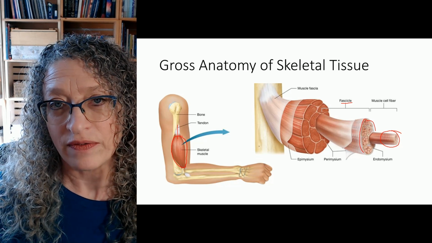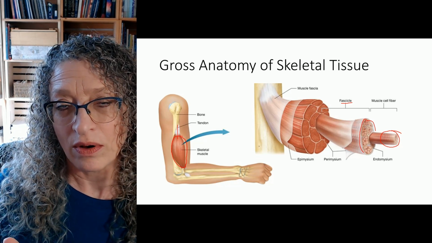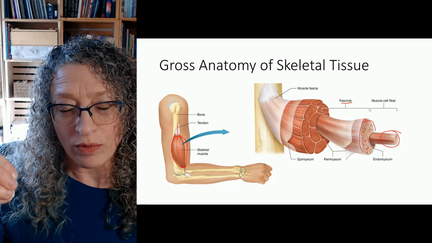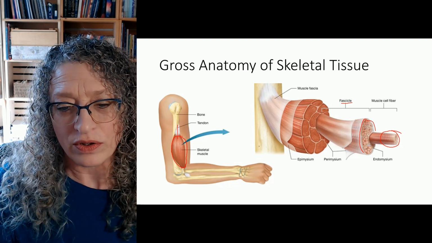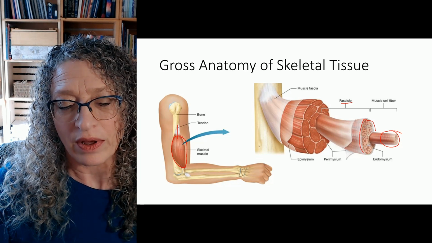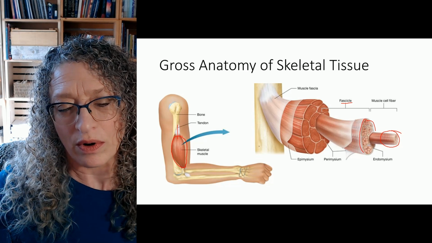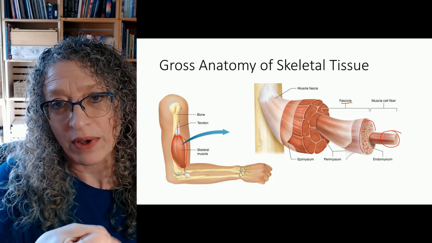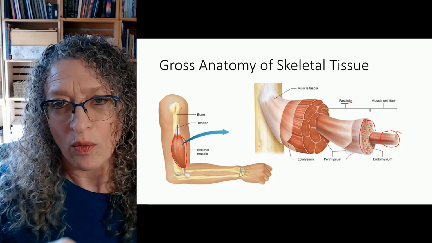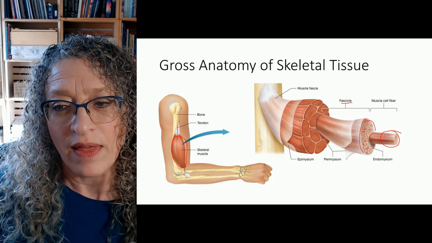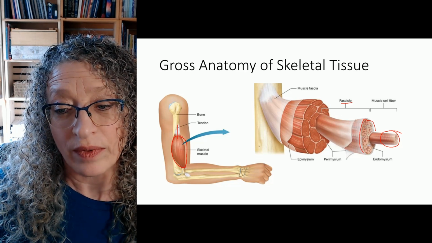So a muscle cell fiber is an individual muscle cell. There are several, and again they're long fibers. They're bundled together, just like if you were to pick up lots of strings of yarn, or maybe spaghetti, and bundle them together and wrap them with maybe saran wrap or something like that, that would be a fascicle, okay?